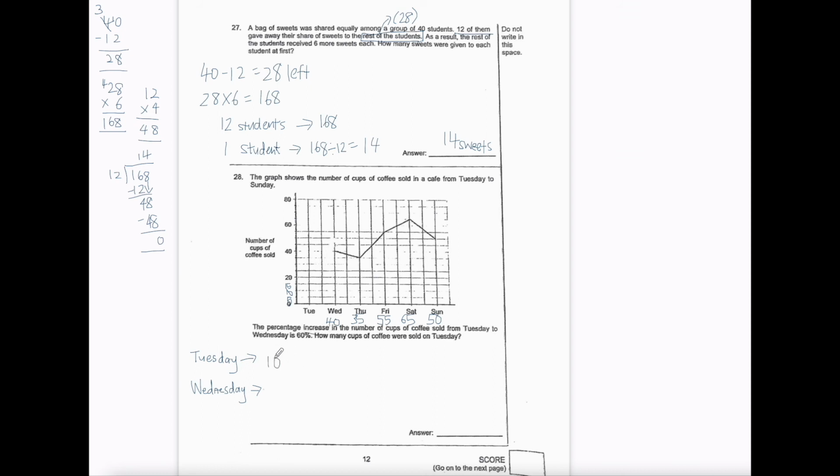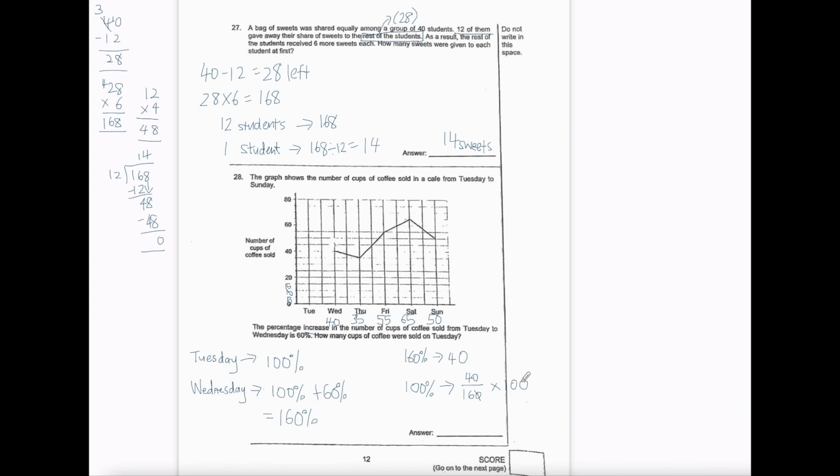That means if Tuesday is 100%, Wednesday will be 100% plus 60%. Okay, I'm going to get 160%. And from this graph, we can see that 160% equals 40 cups. How many cups were sold on Tuesday? Tuesday is 100%. So let's find out what's 100%. I'll just take 40 divided by 160, then times 100.